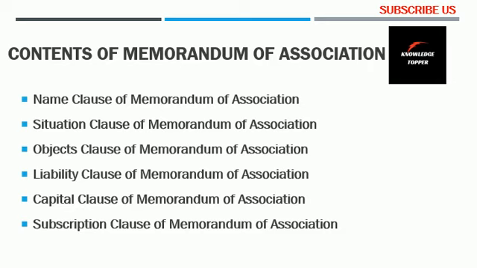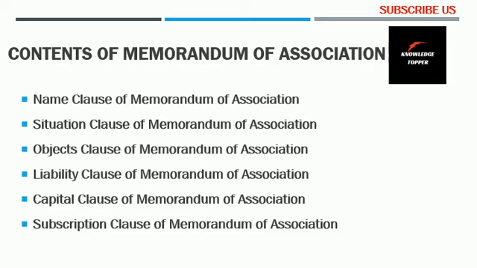It should not use words like king, queen, government bodies, or world bodies' names like UNO, United Nations Organization, WHO, World Health Organization, or World Bank, and so on. These words are prohibited under many Companies Act laws.